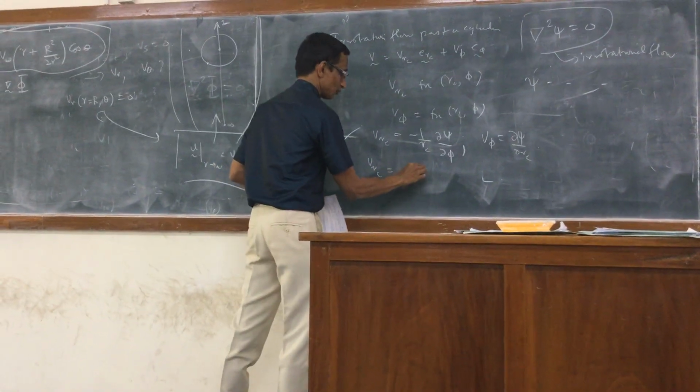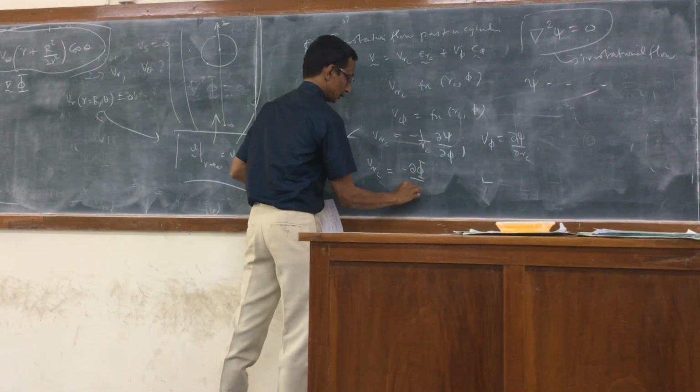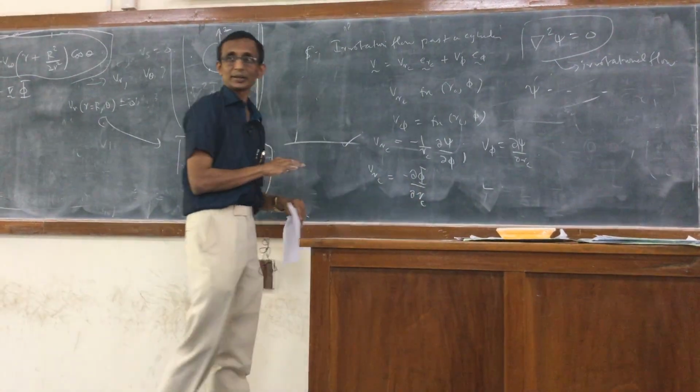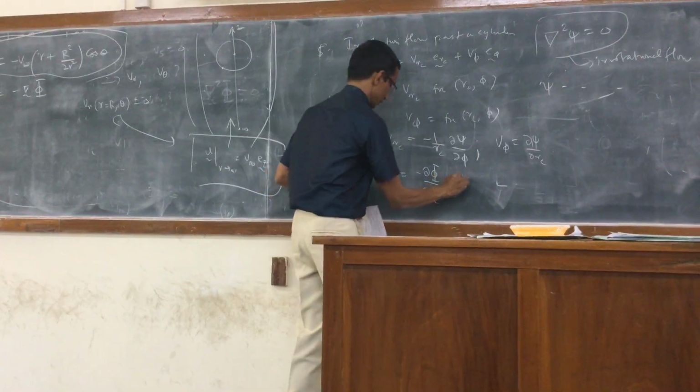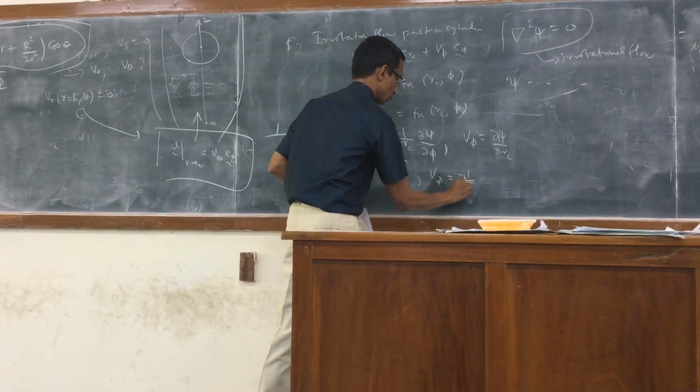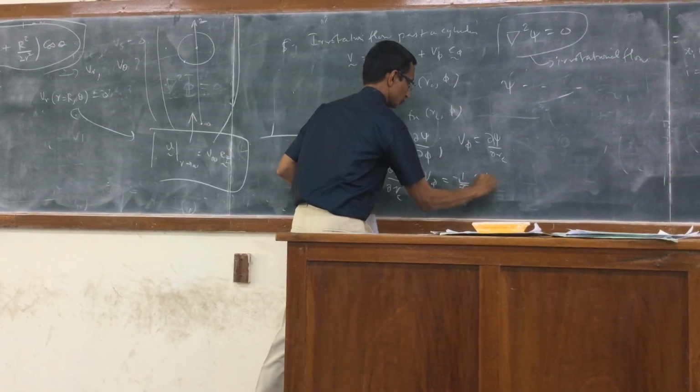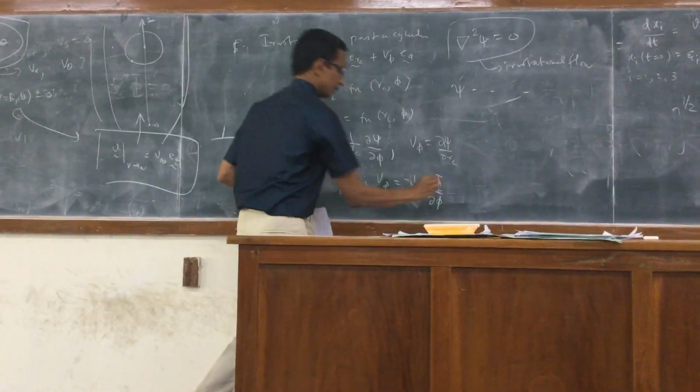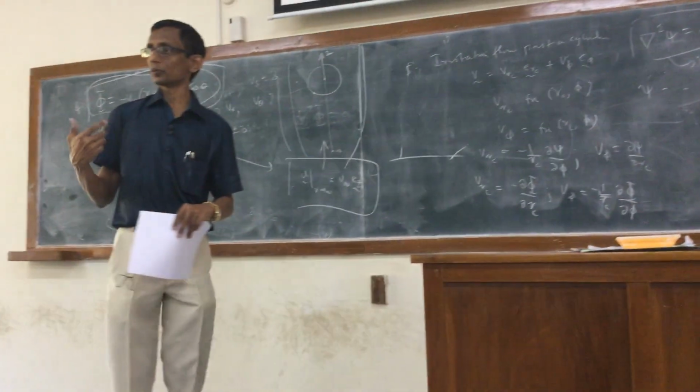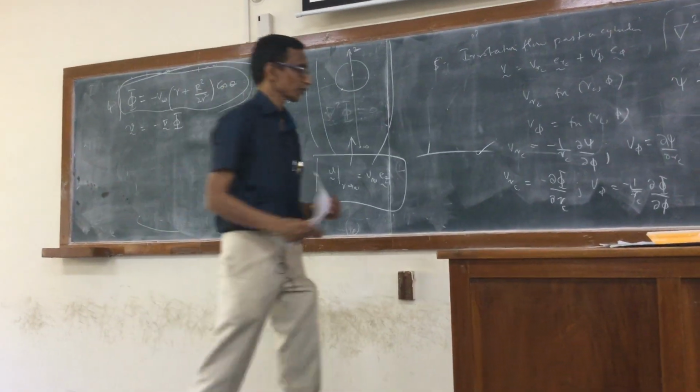This would be minus d phi by d rc, completely different actually. And then d phi would be minus 1 over rc, d of the potential. Obviously, you expect it to be different, right?